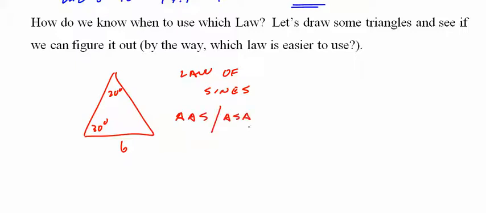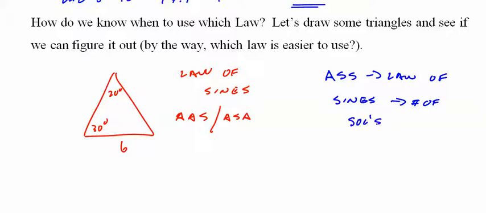When you ever have two angles, go straight to law of sines. A lot of people say, well, do I have to worry about that ambiguous case? No, not at all, because you've already got two of the angles. You only have to worry about the ambiguous case when you're trying to find an angle with law of sines. So ASS is definitely going to be law of sines, but you got to check number of solutions. You got to be careful how you do it.